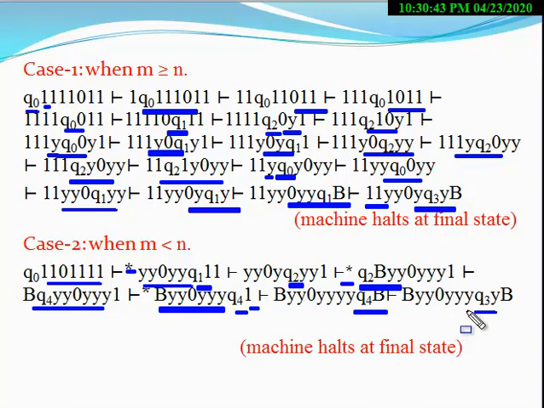Okay? So clearly this processing defines the working of the Turing machine corresponding to these functions, for the case 1 here, for the case 2 here. Now we are ready to construct a Turing machine corresponding to this function.